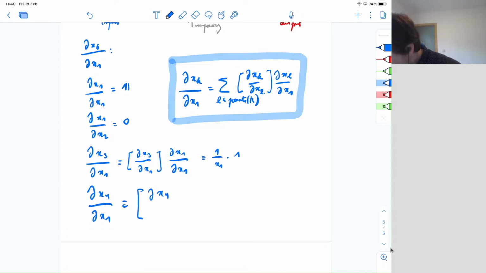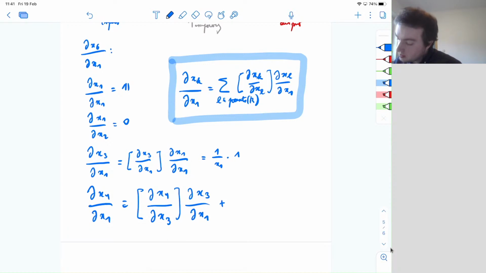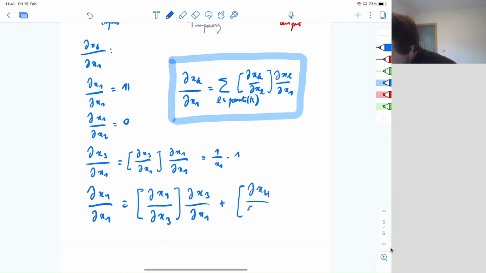So x4 with respect to its first parent, x3, times the Jacobian of x3 with respect to our target x1, plus for the second parent, x4 with respect to x2 times the Jacobian of the parent with respect to x1.